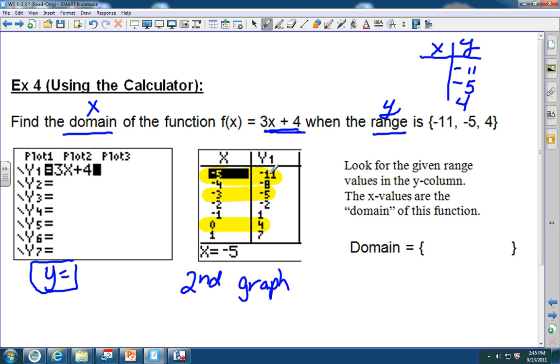So when y is negative 11, x is negative 5, so I have negative 5. I guess I should write it there too. When y is negative 5, my x is negative 3. When y is 4, my x number is 0. And there's how I'd find it in the calculator.